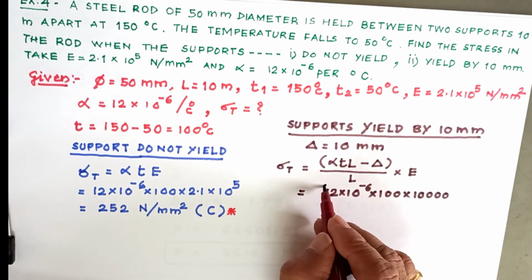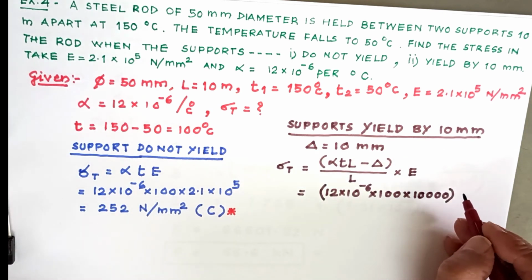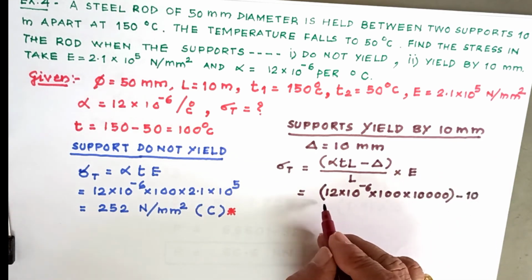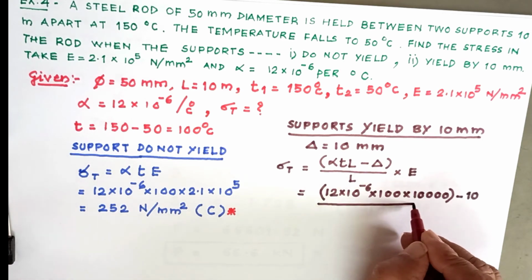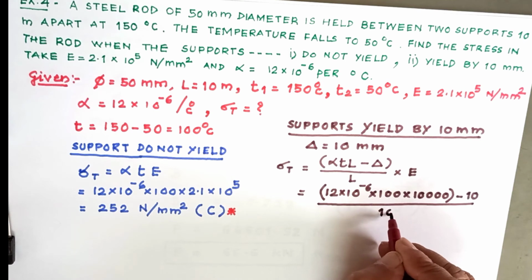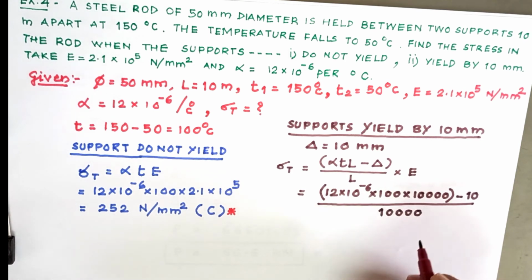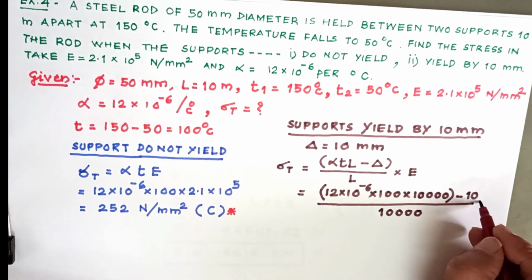This is alpha TL minus delta is 10, upon length is 10,000. 10 meter means 10,000 mm, into value of E.